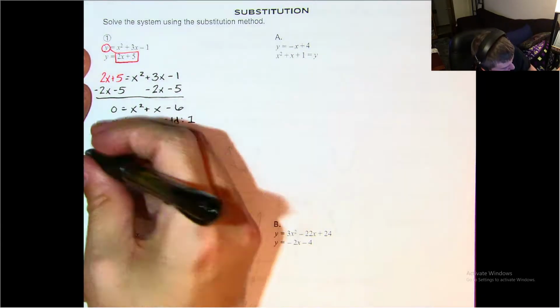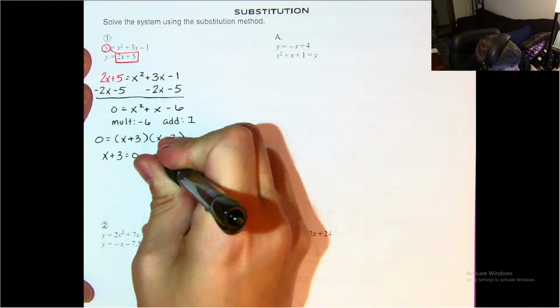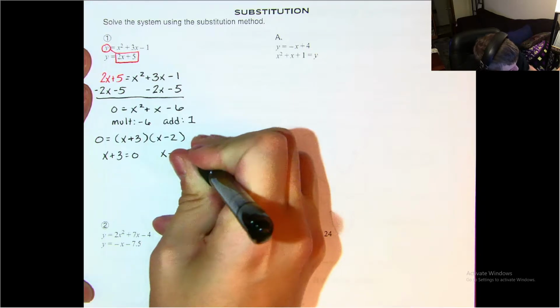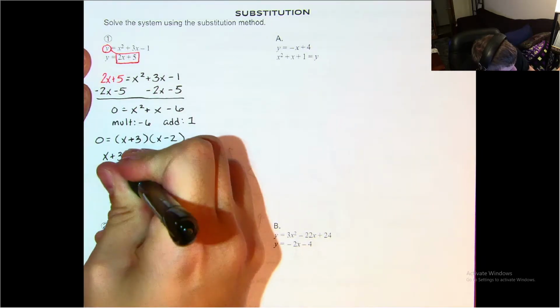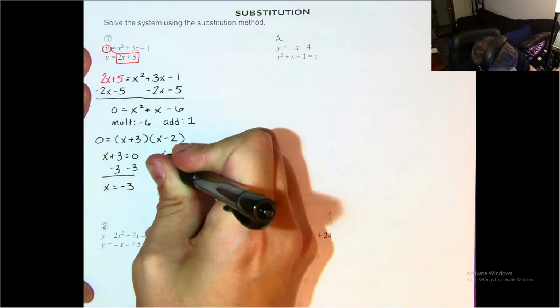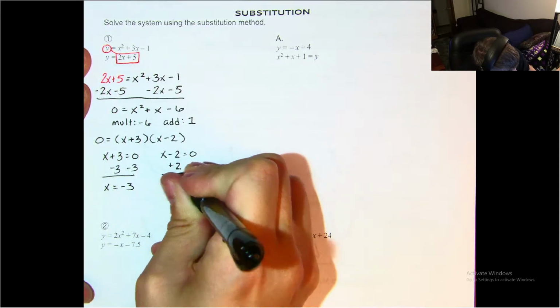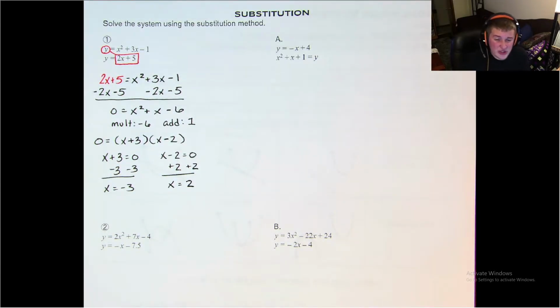So then what do I do here? I set each factor equal to 0. All right. And then I can solve each of those factors. All right, so those are just the x values.